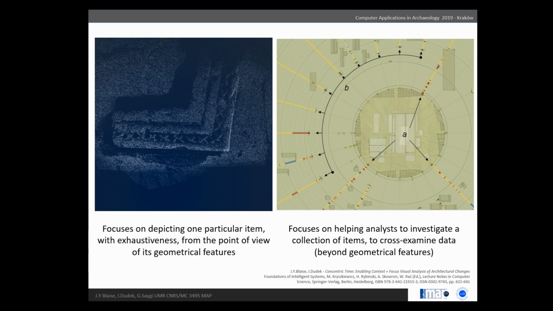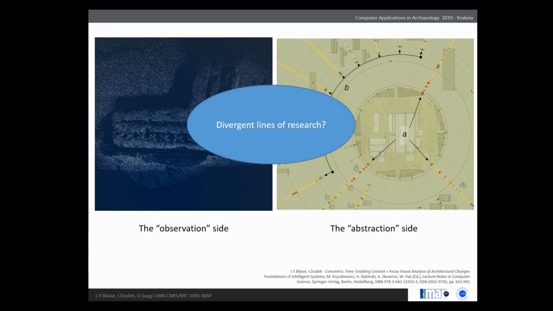On the other hand, we rather tend to focus on analyzing sets, collections of heritage items, and to analyze things that go beyond geometrical features. And so the experiment I'm presenting today is somehow trying to bridge that gap between the two lines of research I've mentioned.